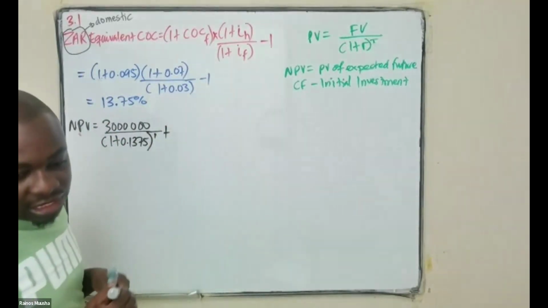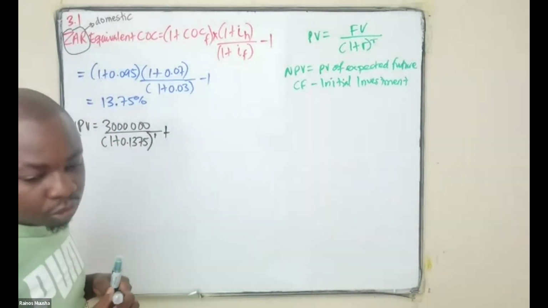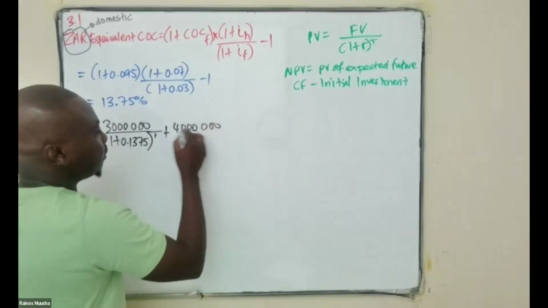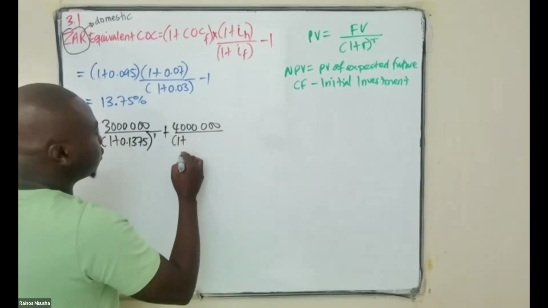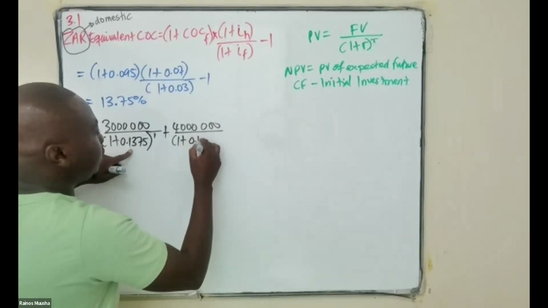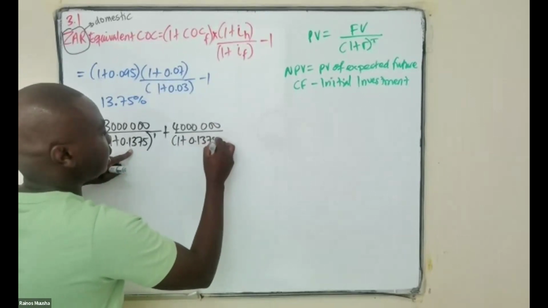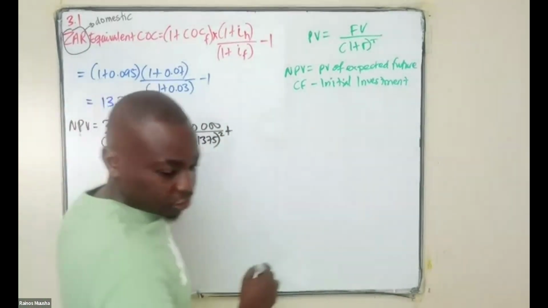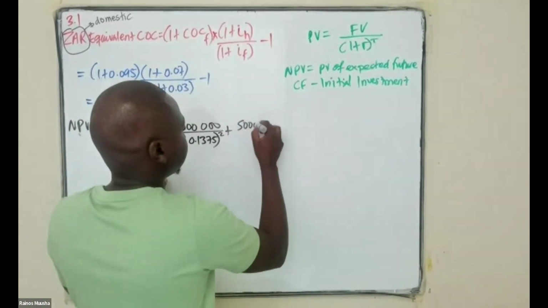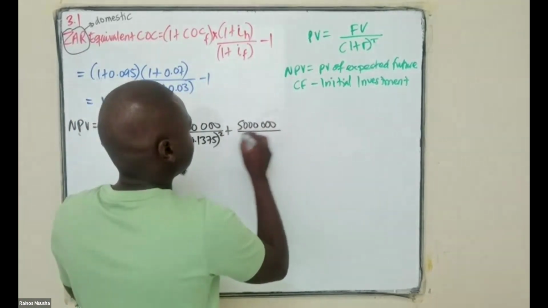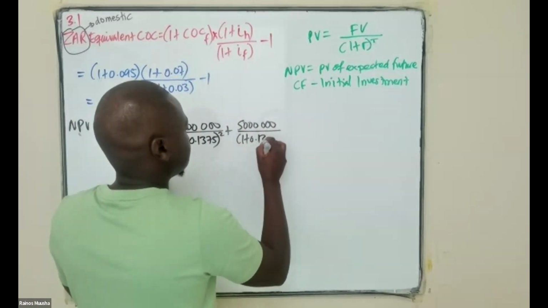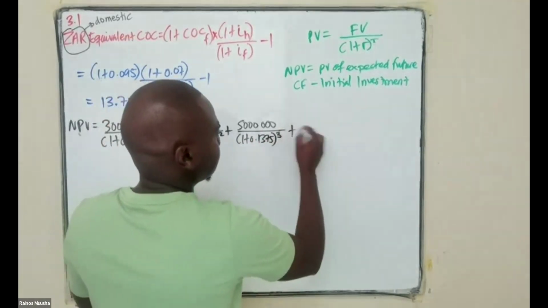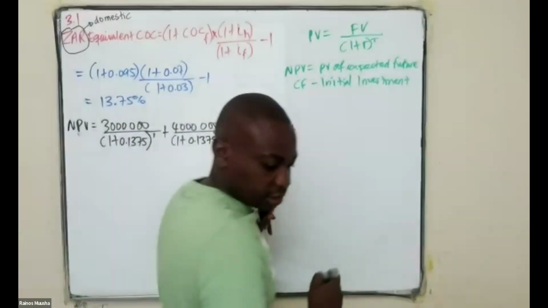Plus, the second cash flow for year 2 is equal to 4 million. So we have to discount it back to present value. So it's going to be 0.1375 to the power of 2, plus the next cash flow is 5 million. And this is going to be discounted for 3 years. The next cash flow is 6 million.